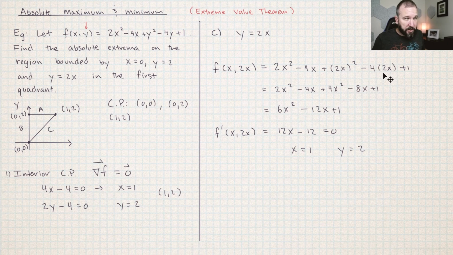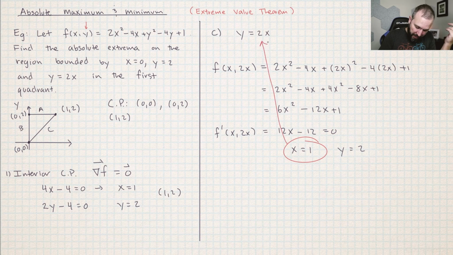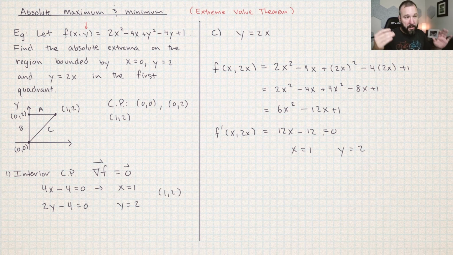And then I just simplified that, and that gave me this function of x alone. And then it's just Calc 1 business. You just take the derivative and you set it equal to 0. And guess what I got? x is equal to 1. So then if x is equal to 1 and y is equal to 2x, then y is equal to 2 times x, which is 1. So again, we get this point 1, 2. So it's a bit of a fluke, but whatever, math happens that way sometimes.